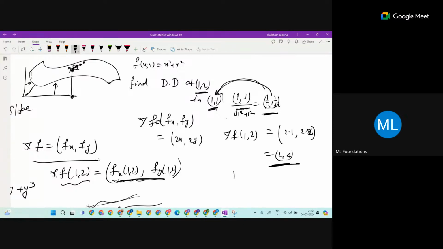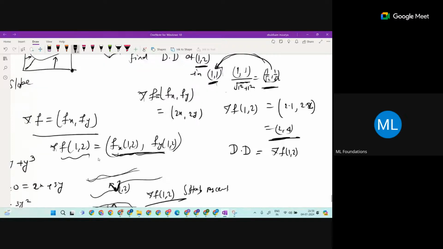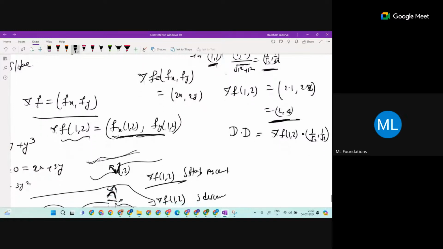Now the directional derivative is the gradient at that point, dot product with the direction in which the directional derivative is asked. The derivative is always going to be a scalar value, that's why we use a dot product.